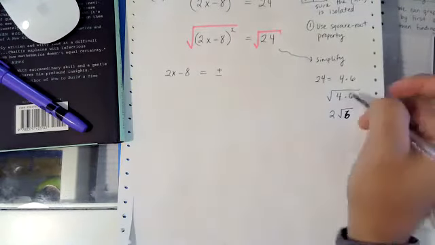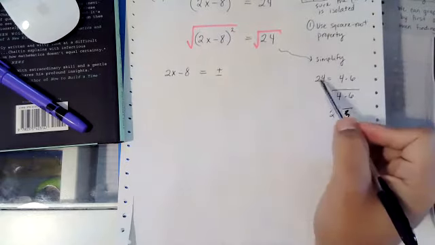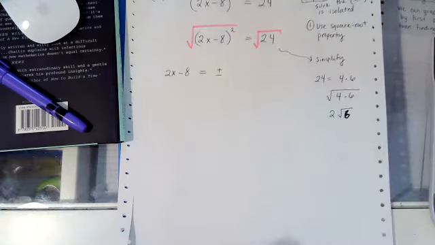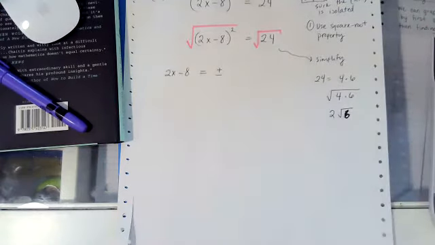If you're not sure why it should be 2 root 6, take a moment to go ahead and factorize 24, and then try to go through that simplification process. I'll give you guys about 30 seconds to just examine it.